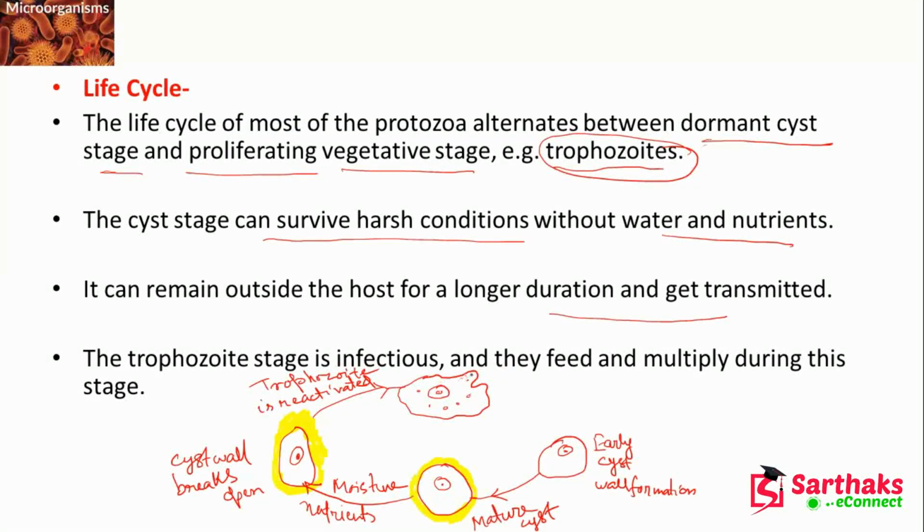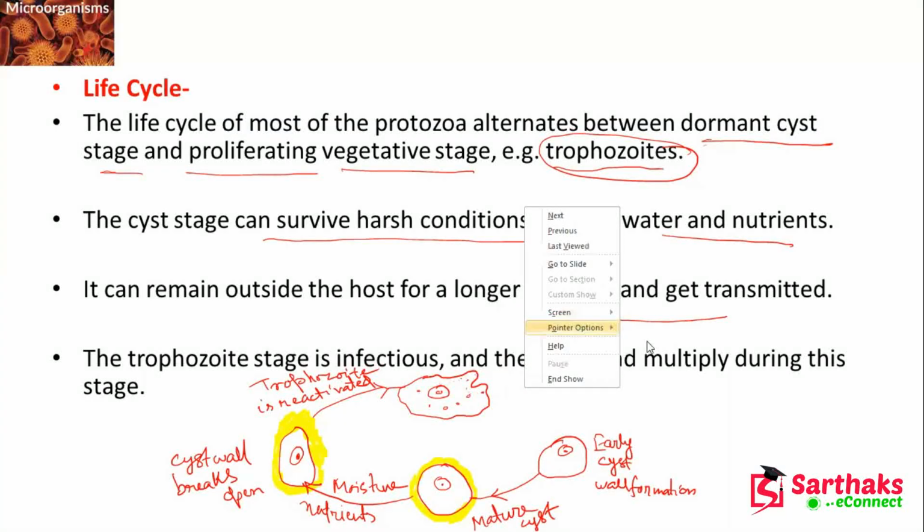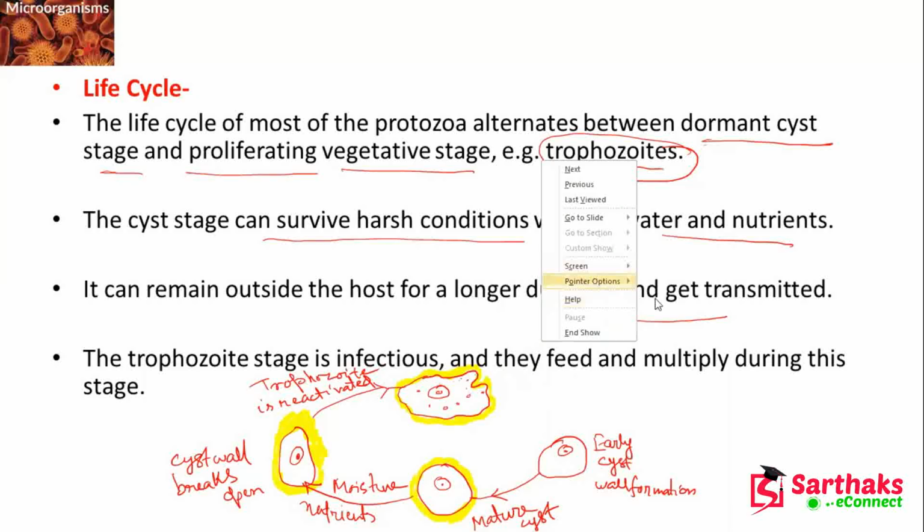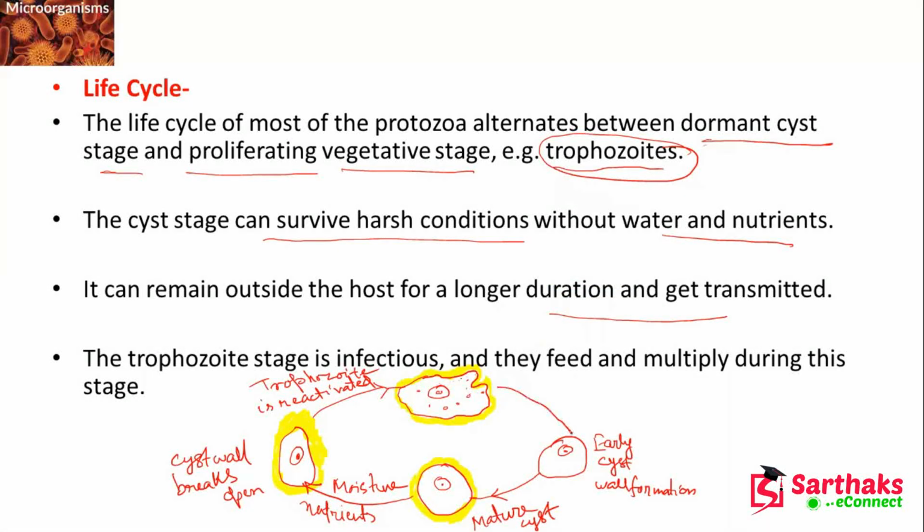There are some granules here. Just a minute, let me draw this.